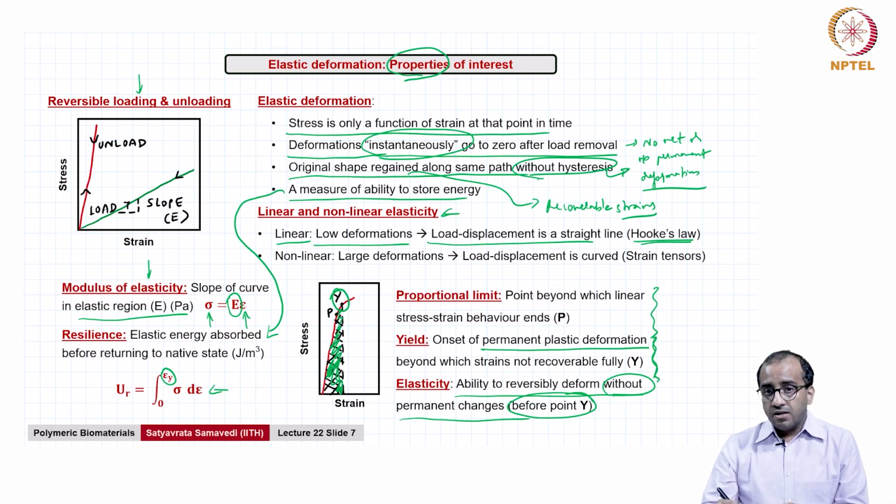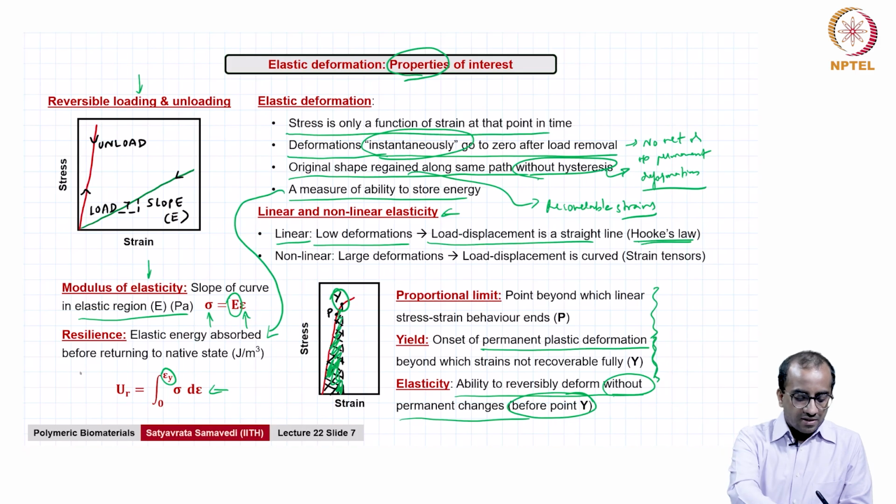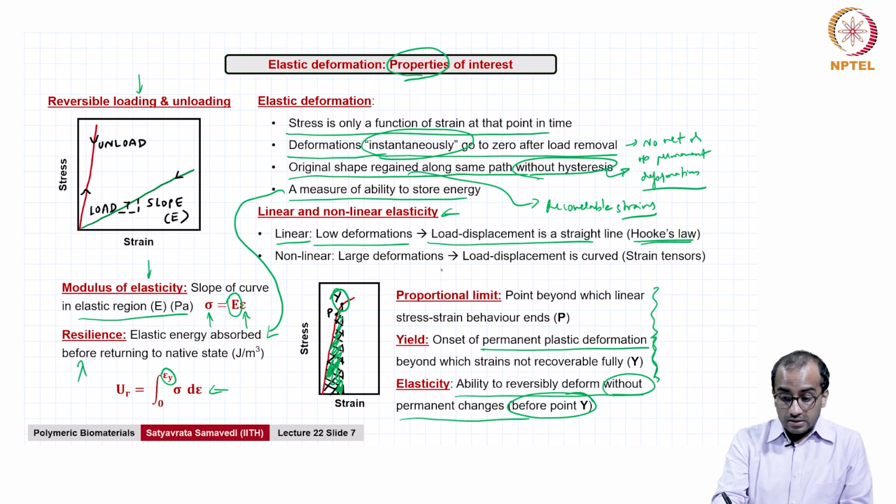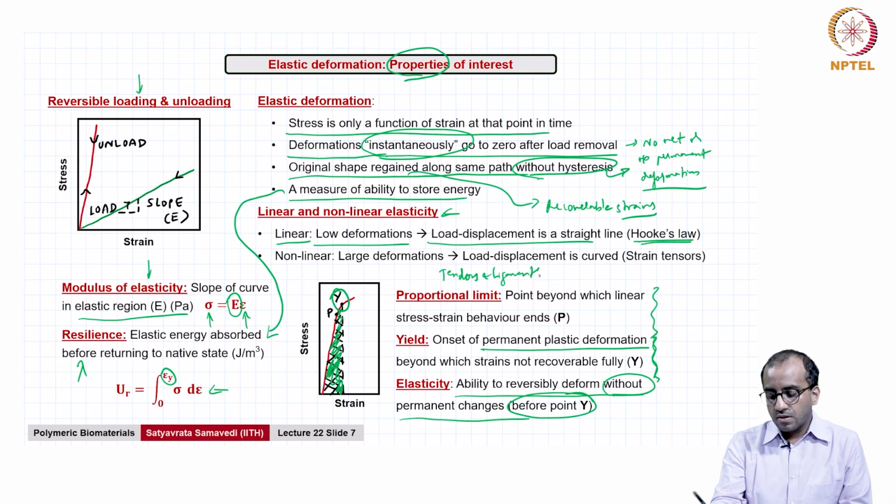And yield can be thought of as the ability for the material to dissipate energy, as opposed to the ability to store energy in the elastic regime. And of course, properties like resilience are important for tissues such as tendons and ligaments, or materials that are intended to replace them.